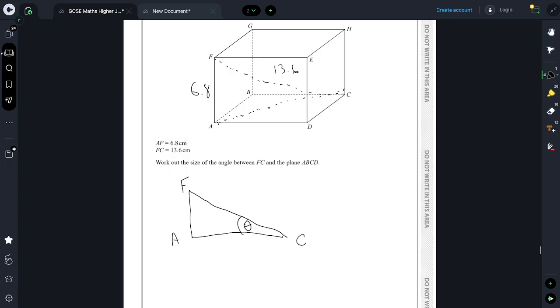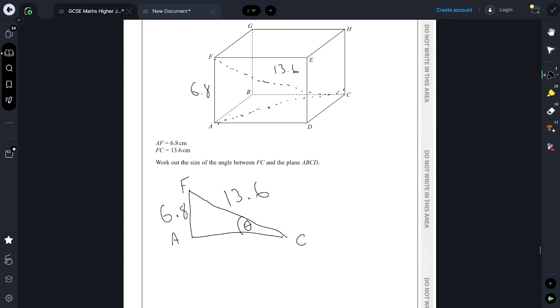The idea with 3D triangles and angles like this is you basically just want to find 2D triangles to make. It's just 2D triangles made out of 3D. But it is hard to explain. Okay, but it's told AF is 6.8 and FC is 13.6.